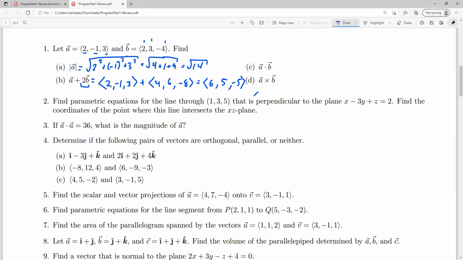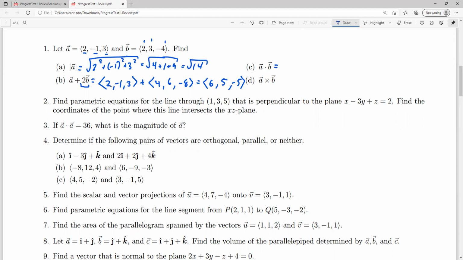For C, dot product, all we do is take the sum of the components multiplied with each other. We multiply the x components together, add that to the product of the y components, and add that to the product of the z components.